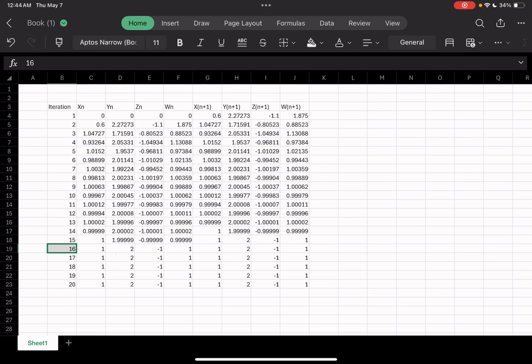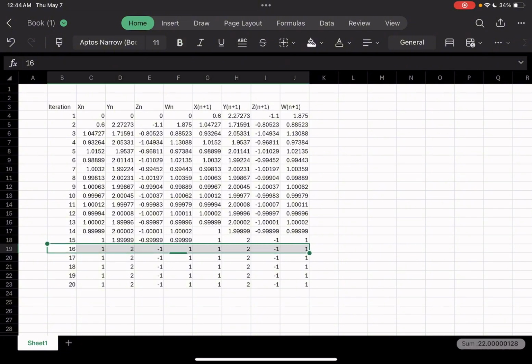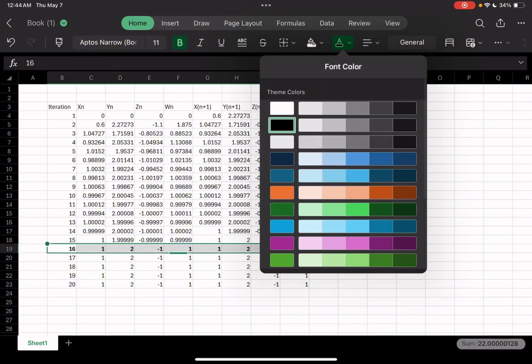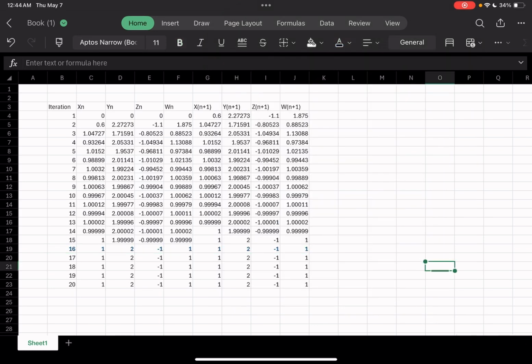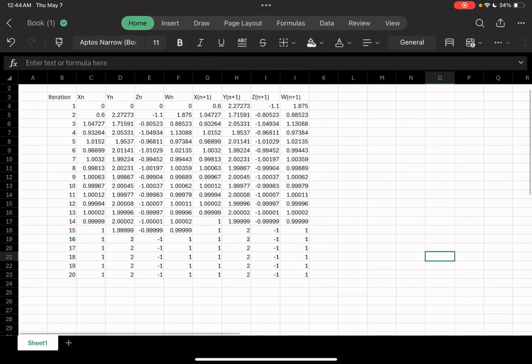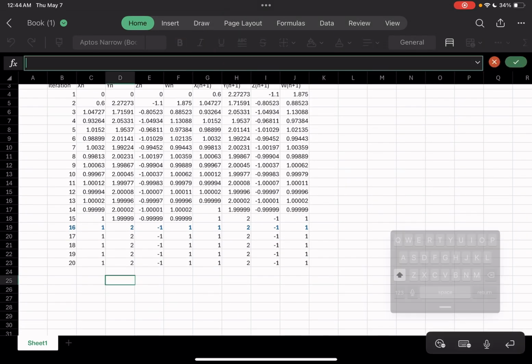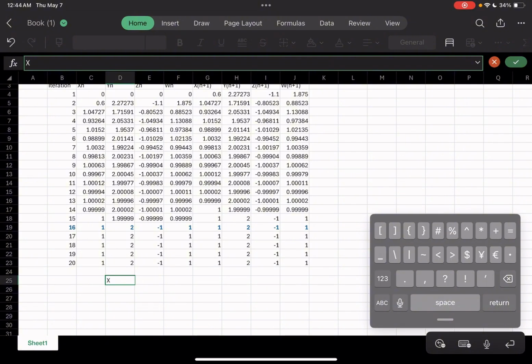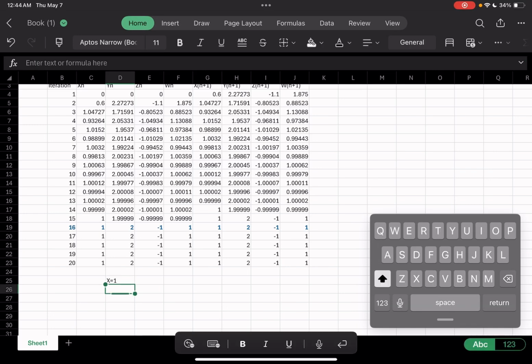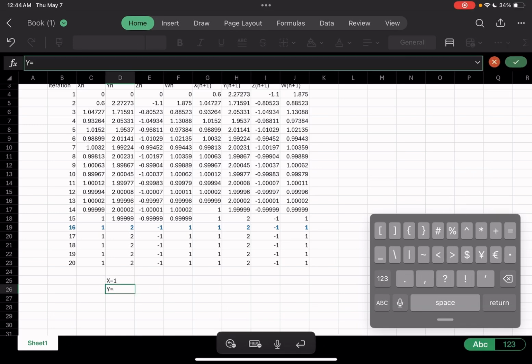Now, this would be the root of our linear equation. So the value of our x is equal to 1. Y is equal to 2.